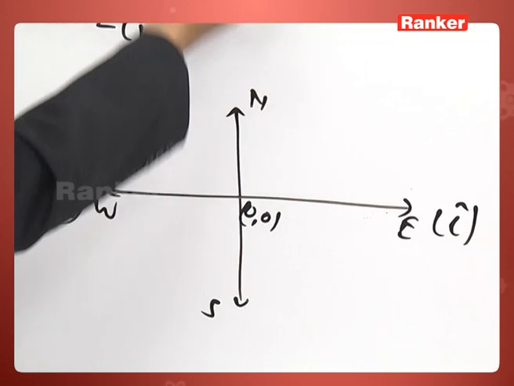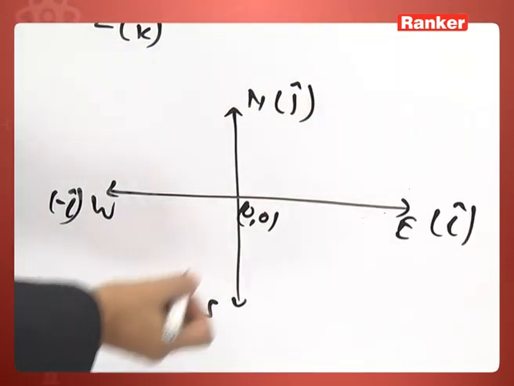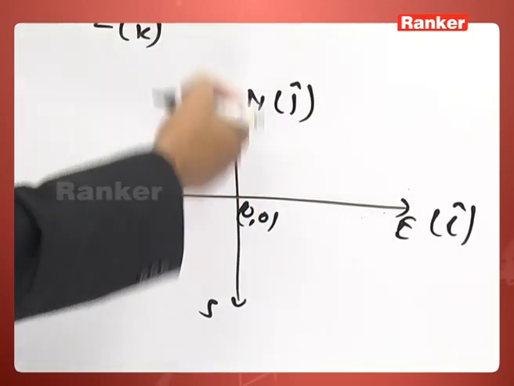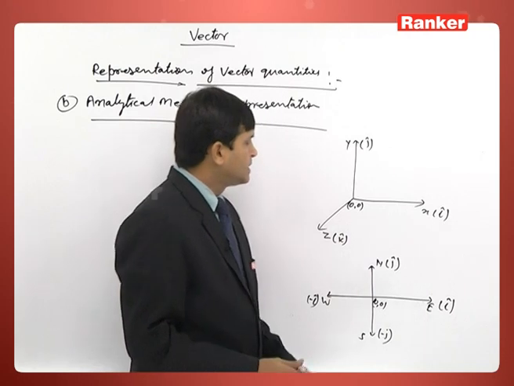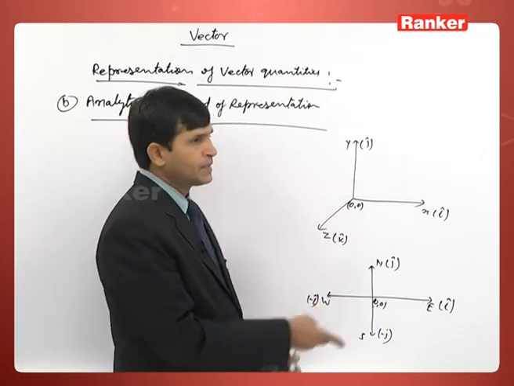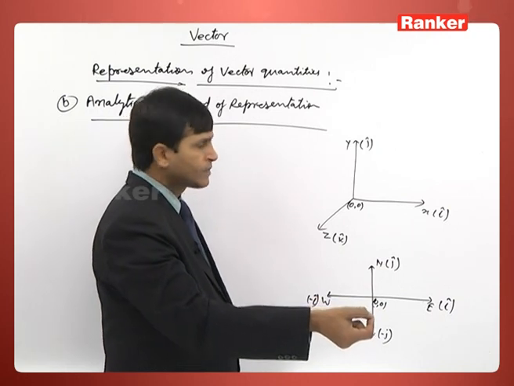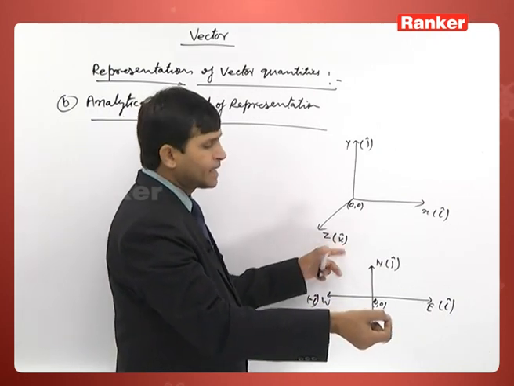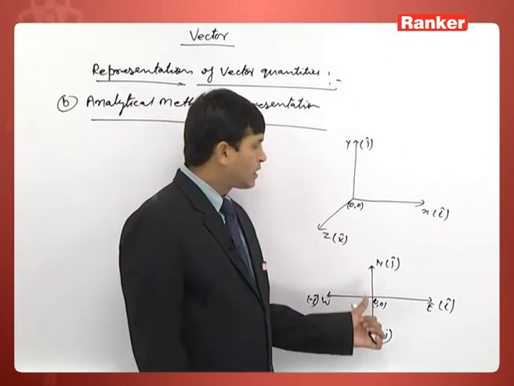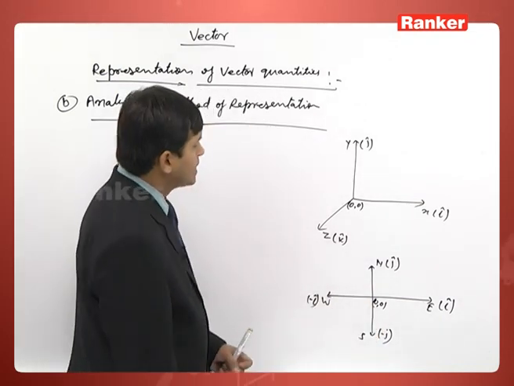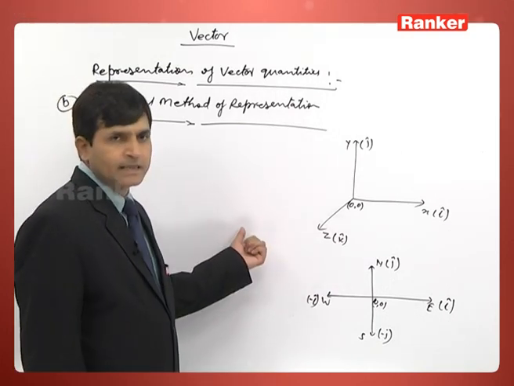Similarly, north is along j, and south, the downside, is minus j. If they talk about upward, that is plus k cap, and inside is minus k cap. So this is the first representation of all directions.